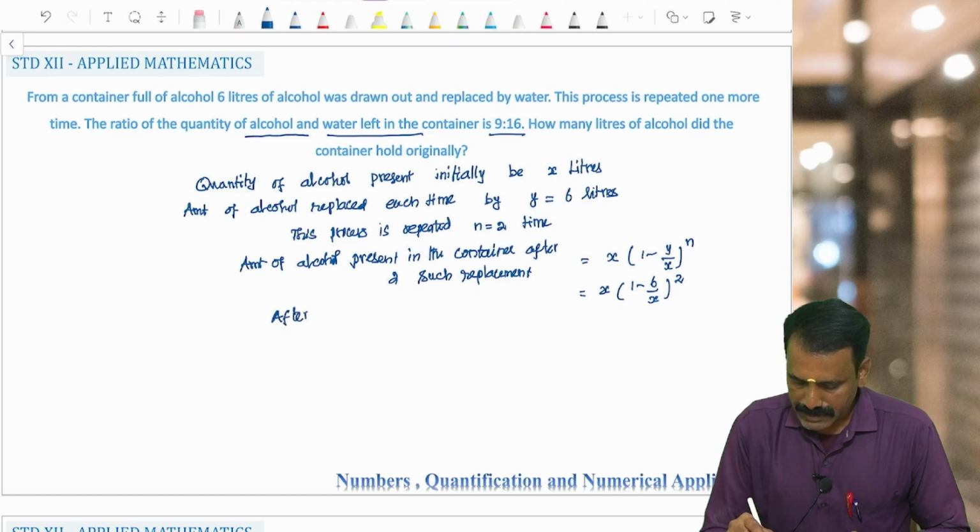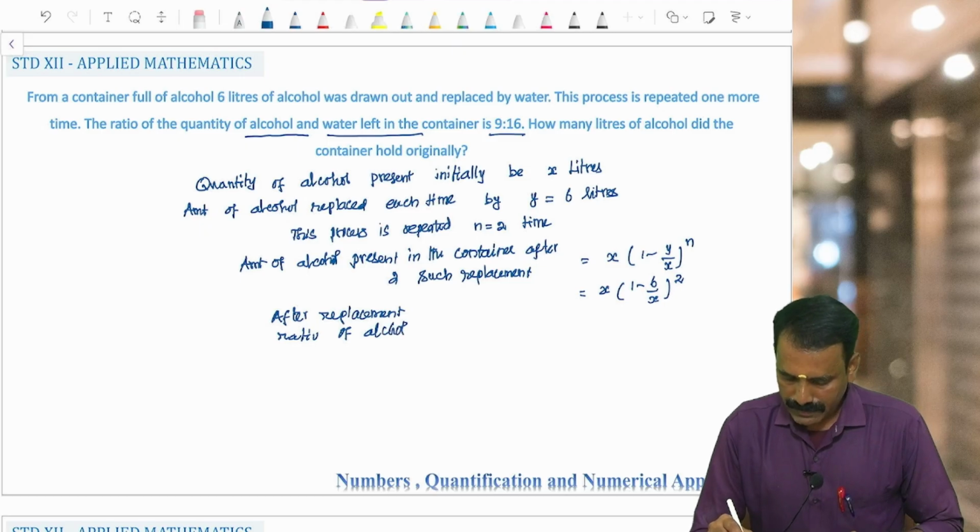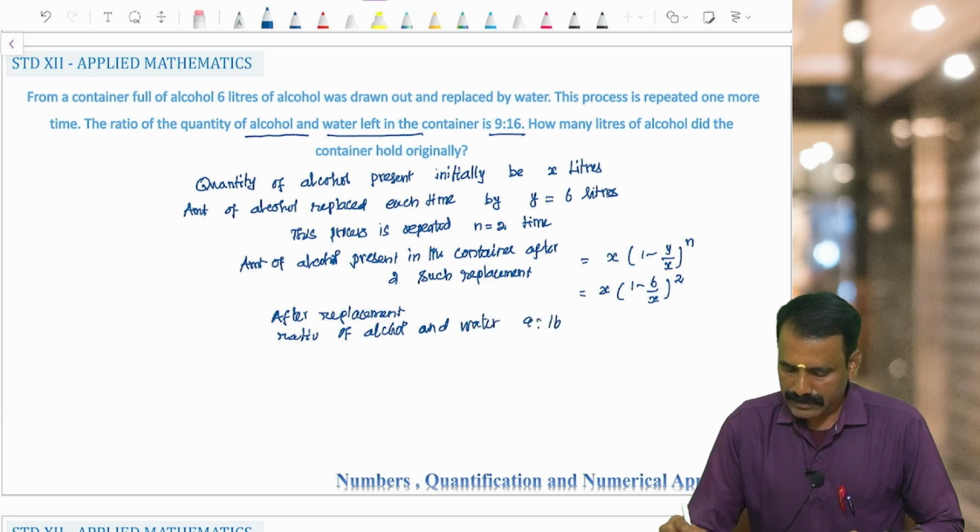So after replacement, ratio of alcohol and water is 9:16. So we find the total ratio amount 9 plus 16, which is equal to 25.